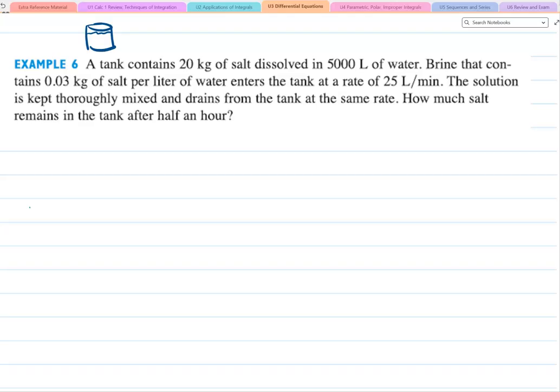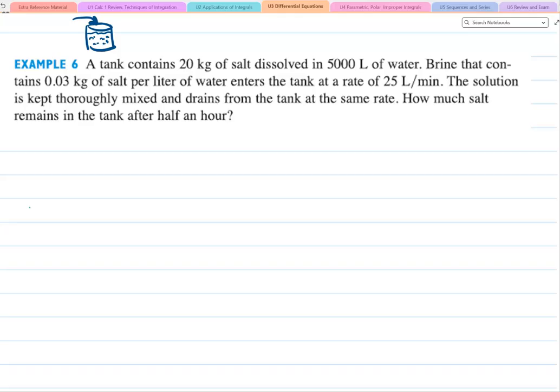So we have a saltwater solution of sorts in this tank. Brine, another saltwater solution that contains 0.03 kilograms of salt per liter, enters the tank. So we're pouring in this brine solution at a rate of 25 liters per minute, and the solution inside the tank is kept thoroughly mixed.